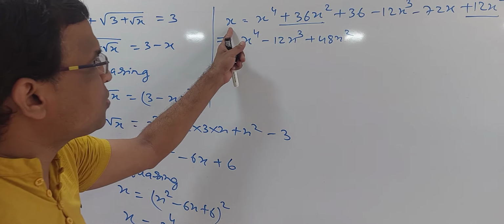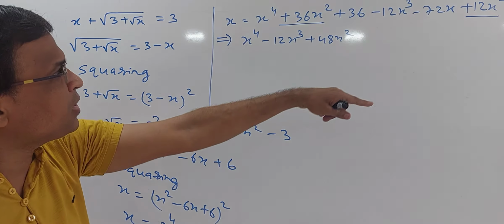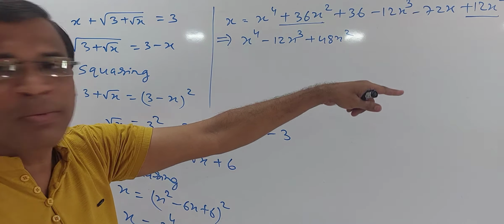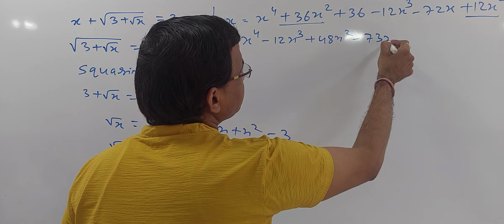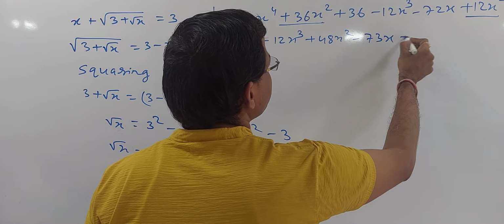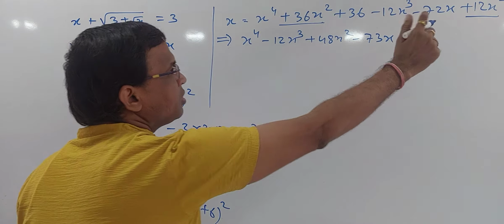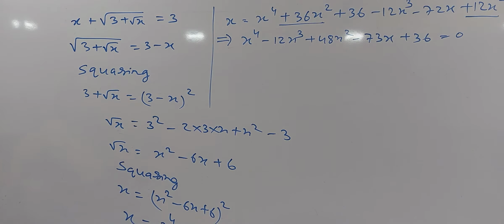Now x is on this side, so I need to shift this x to the other side. It is minus 72x, and this x will go to the other side, so that will be minus 73x, and it is plus 36. Of course everything is on this side, so the other side will be 0.